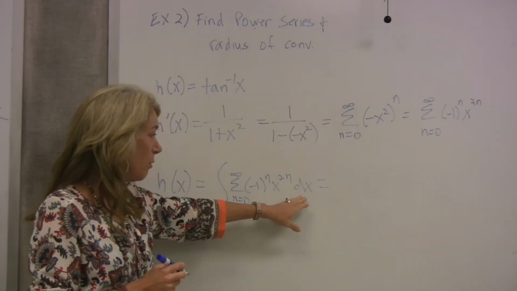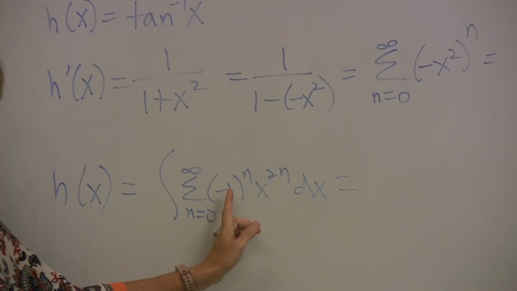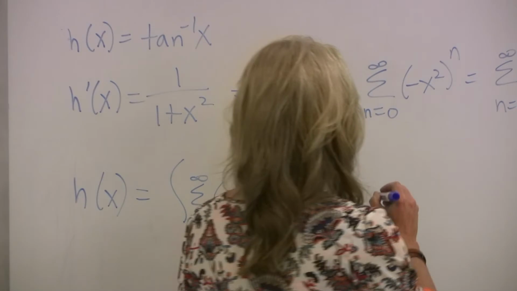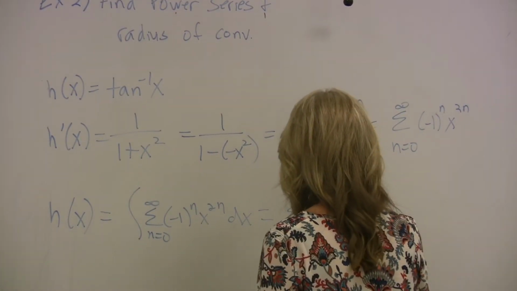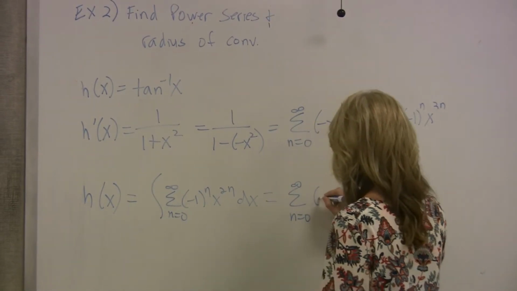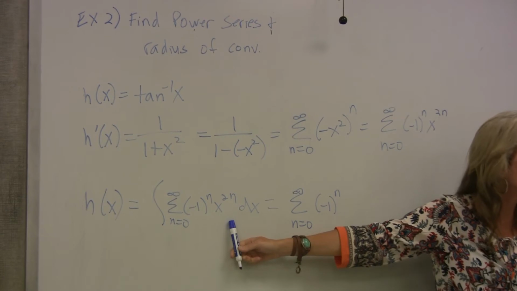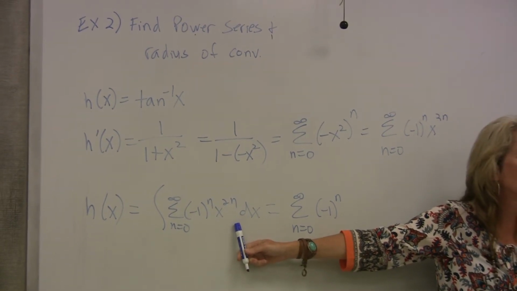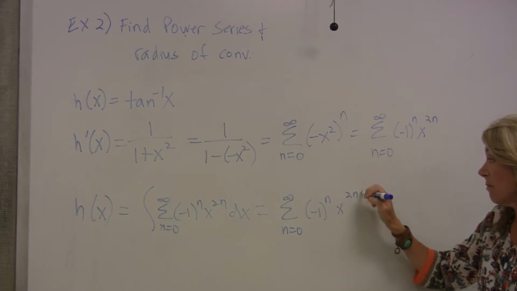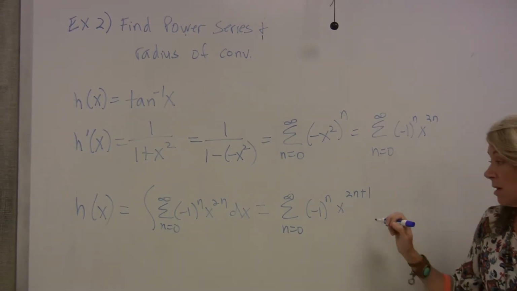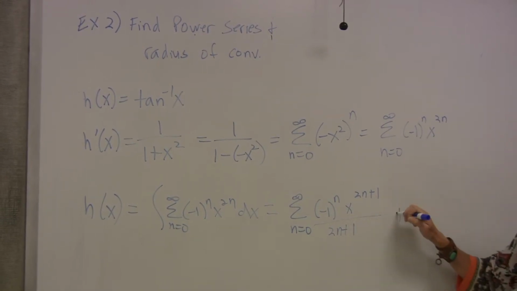When you integrate with respect to x, this negative 1 to the n is just a constant, it doesn't change with x. So I keep it. Be careful here. What do I do to this x to the 2n? I add 1 to that, so it'll be x to the 2n plus 1, all divided by 2n plus 1, plus some other c over here.